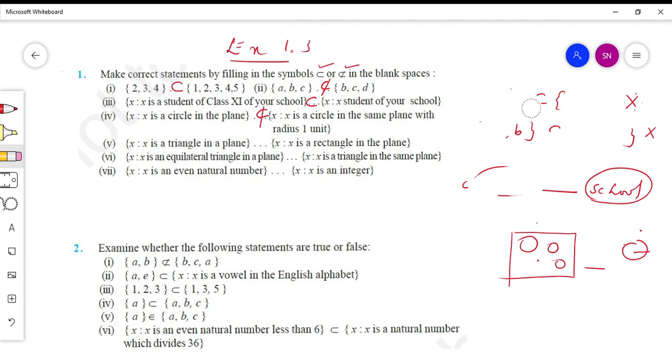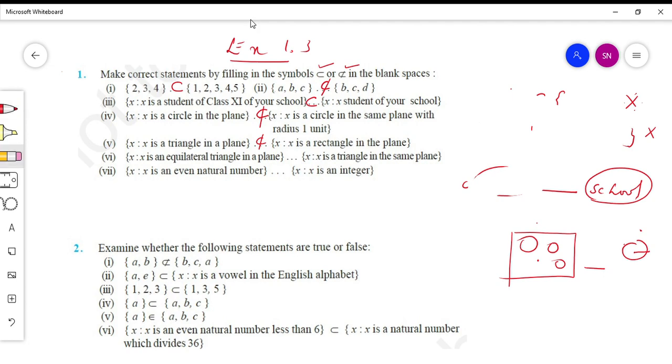When there is something in common, then I can tell I can have a subset. When nothing is common, you have a rectangle, you have a triangle, both are different shapes. So in that case, what do I conclude? I conclude it is not a subset. I hope this is pretty clear to everyone.